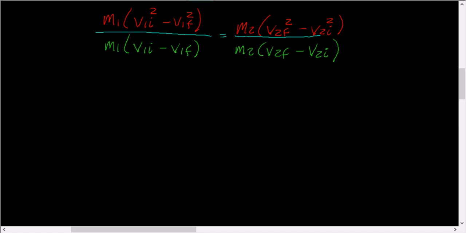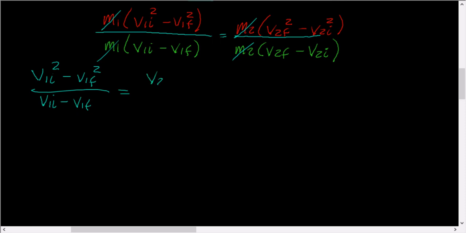So we can see immediately we have something invariant in mass now, and I'll just go ahead and rewrite what we have all in one color. So we have v1 initial squared minus v1 final squared over v1 initial minus v1 final, which is equal to the right-hand side, v2 final squared minus v2 initial squared, divided by v2 final minus v2 initial.